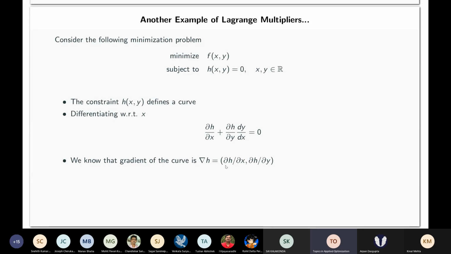And we know that the gradient of the curve is denoted by this. So I could have put 1 here, and we know that the gradient is perpendicular to the tangent. So from here I can extract the tangent because I know that the gradient is this.